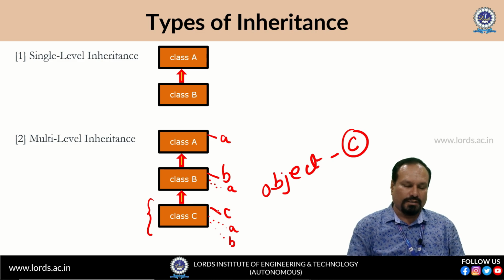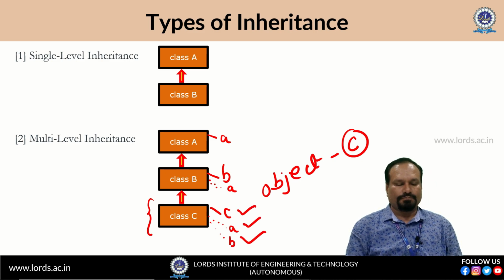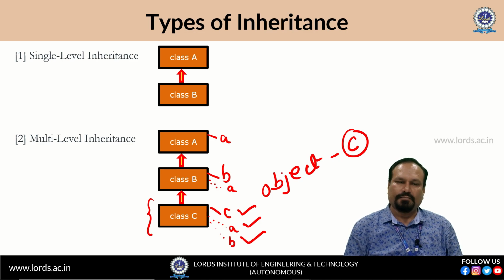But as of this example, if you create an object of class C, we can make use of all the functionalities and features of A, B and C classes by using object C.